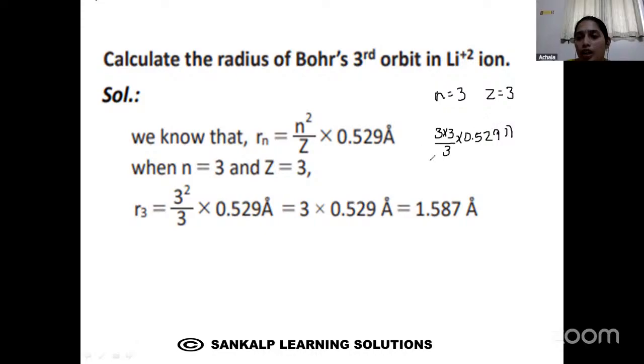The answer will be 1.587. Try it. This will be our answer. Angstrom is nothing but again 10 raised to minus 10 meter. 10 raised to minus 10 meter is equal to angstrom.